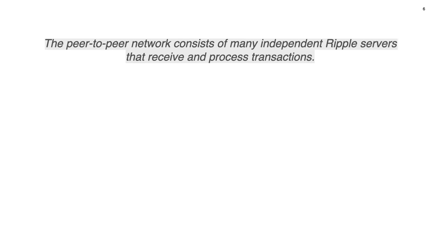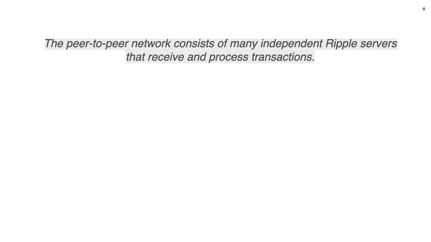So the peer-to-peer network consists of many independent Ripple servers that receive and process transactions. In our talk, we will always refer to the nodes that take part in consensus, and they are called validating nodes.